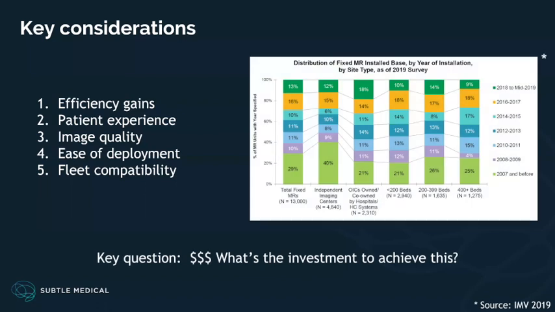Understand that more than 60% of the equipment is 9 years or older as of 2019. This is from the latest IMV survey. And how does the investment trade-off occur across these key considerations and key metrics?